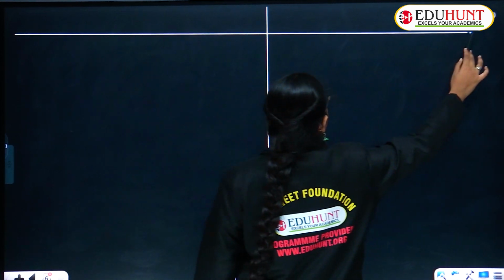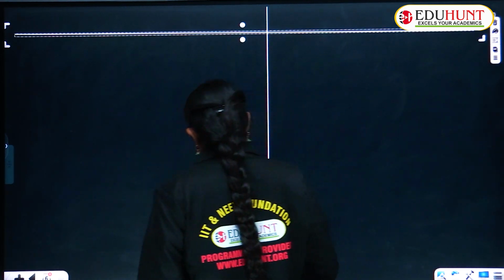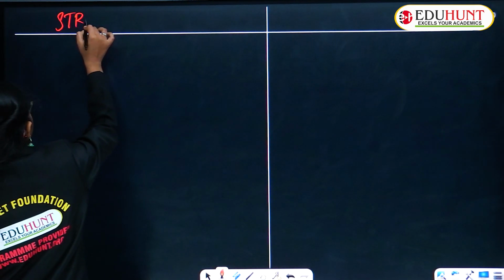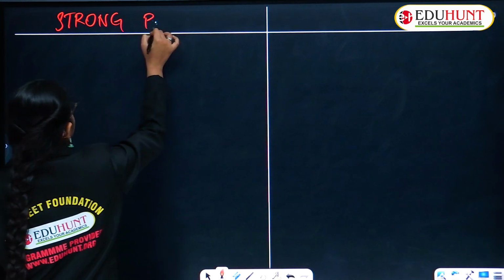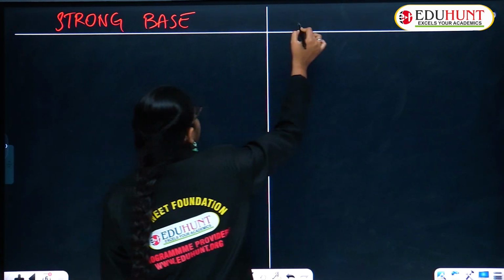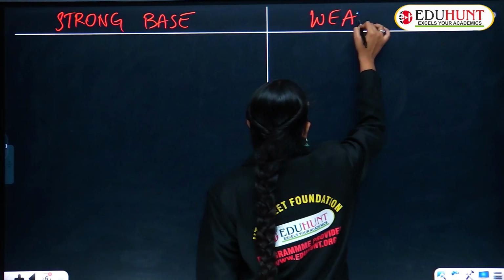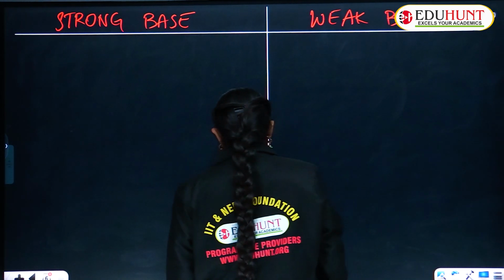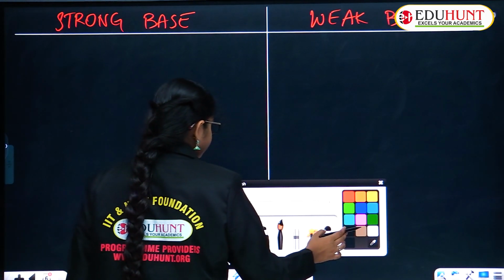Now the heading is strong base and weak base. What's the heading now?